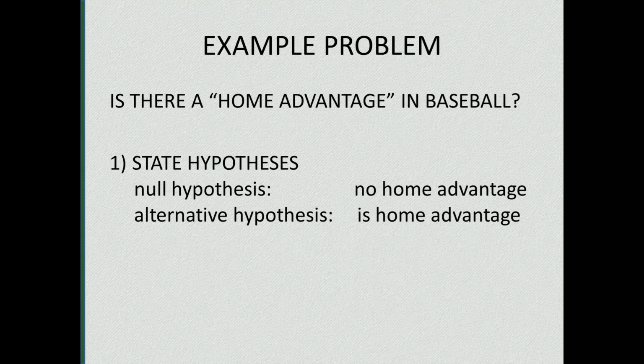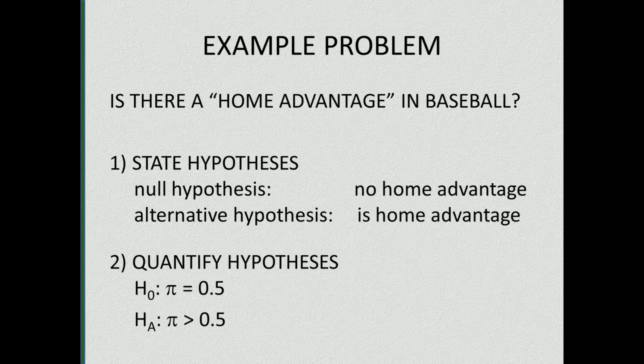But there's another, simpler way we could do it, because ultimately what matters is not how many runs you're scoring, but whether or not you're winning the game. And so our null hypothesis might be, if there's no advantage, and you're playing half the games at home and half on the road, your chance of winning is 50-50 overall. And if you've got an advantage, it's bigger than 50-50. You do better at home.